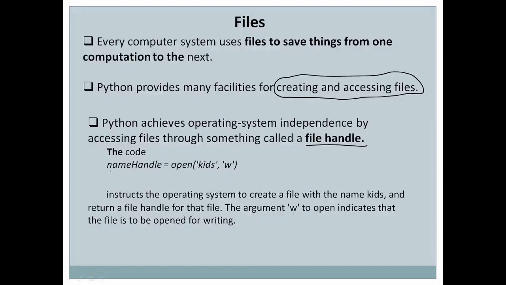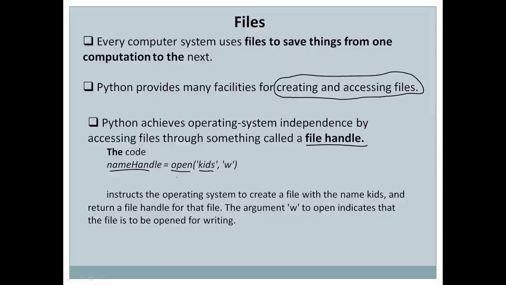The code is name handle is equal to the function open, and the two arguments which have been passed are kids and w. Both the arguments are of type string.